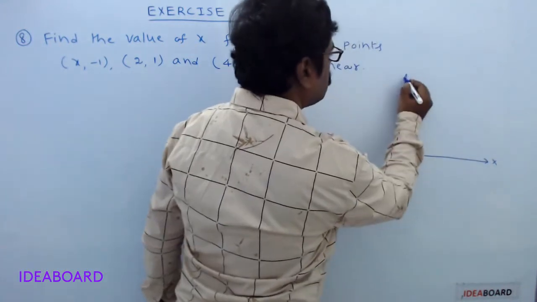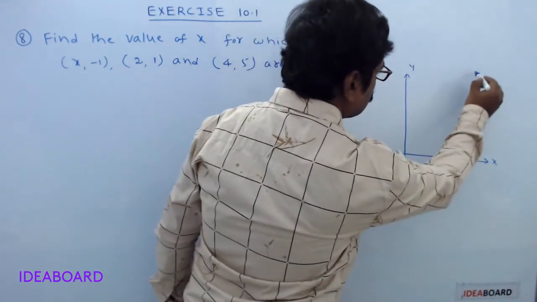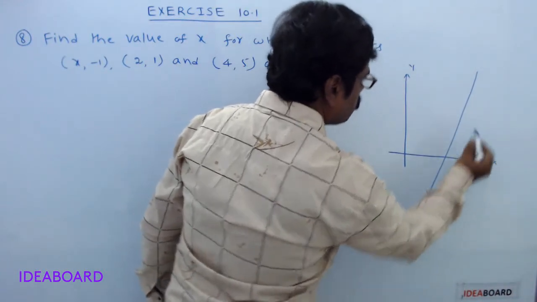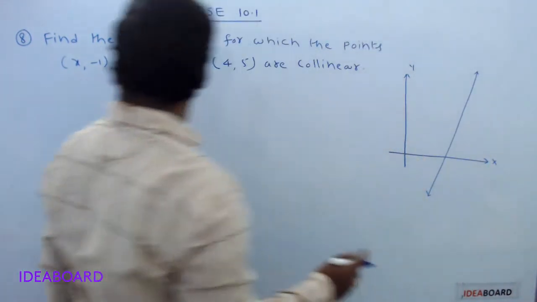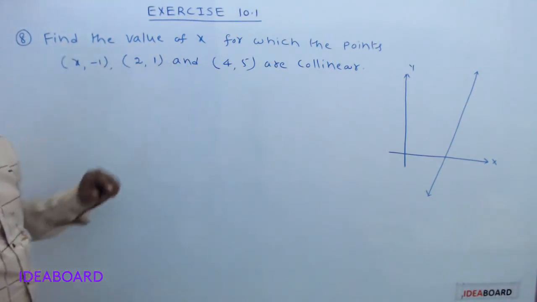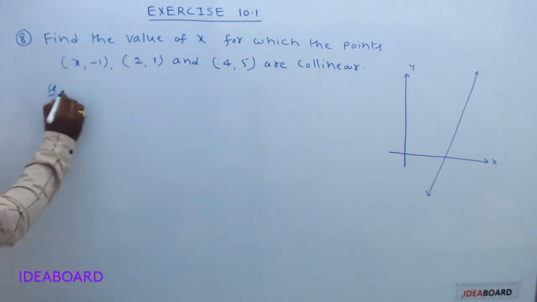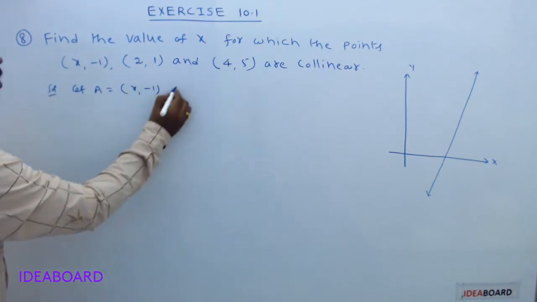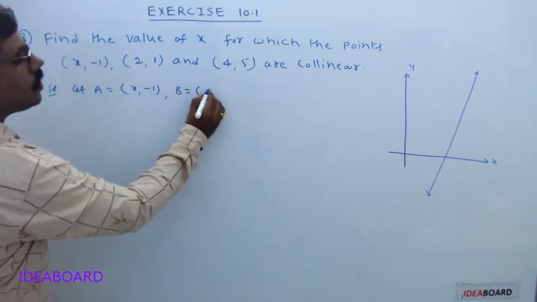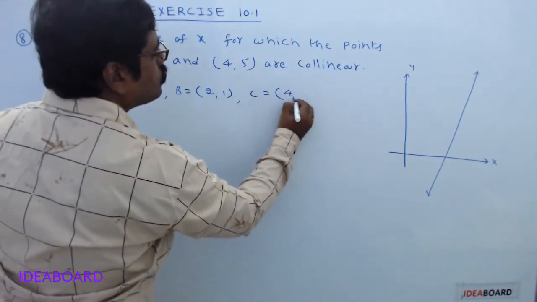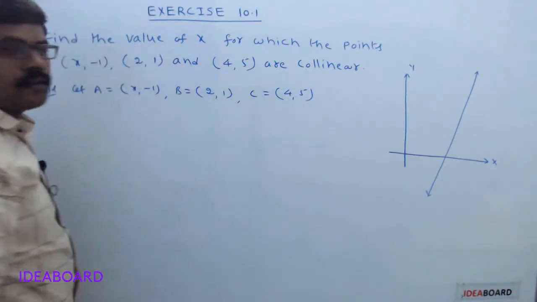Suppose this is x-axis, this is y-axis. Now denote the given 3 points with A, B and C. Let A equals (x, -1), B equals (2, 1), C equals (4, 5).